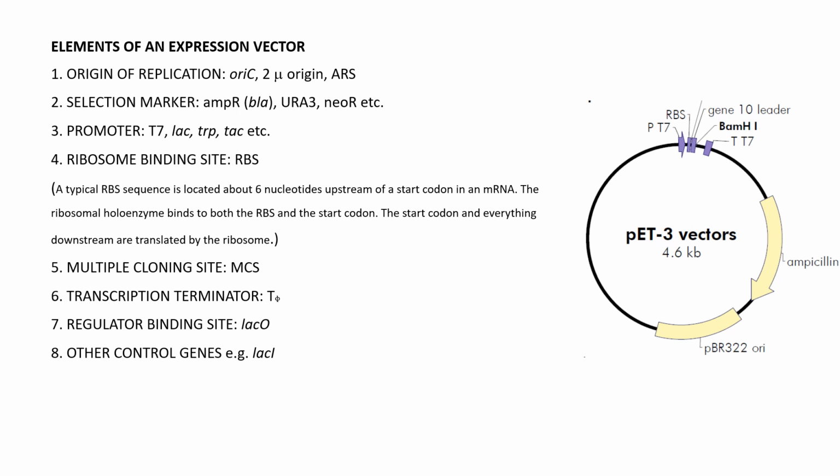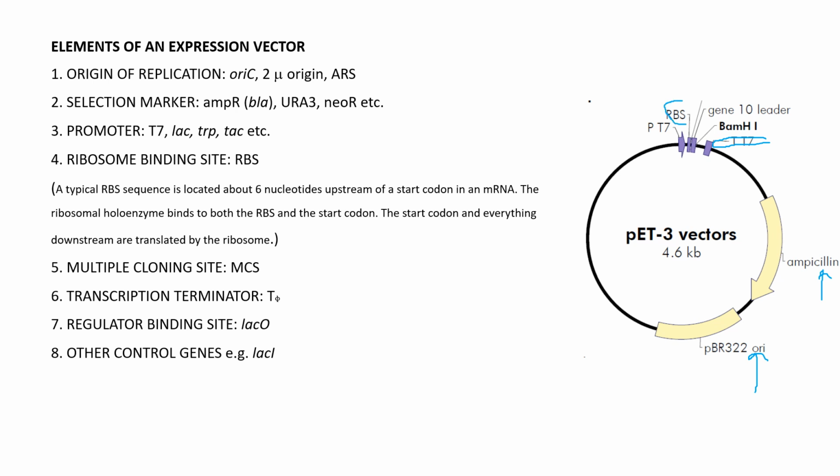An expression vector has many elements, like the origin of replication. This is the site from where replication starts. There is a selection marker, like the ampicillin resistance gene, and there is a promoter, the T7 promoter. The promoter is the site where RNA polymerase binds. Next is the ribosome binding site.